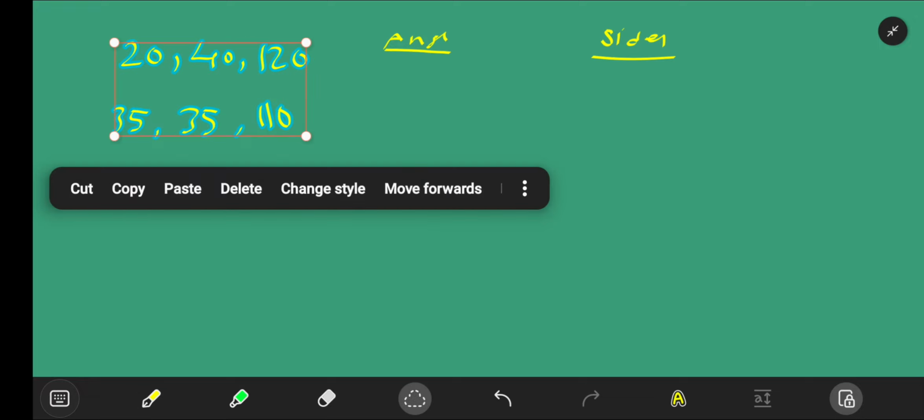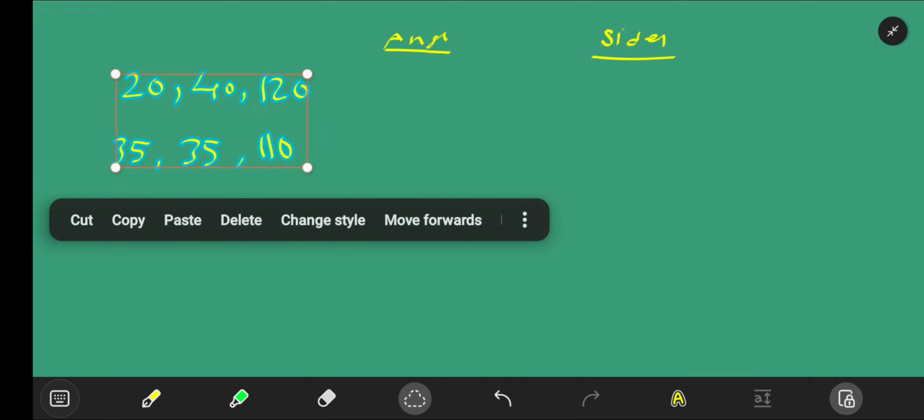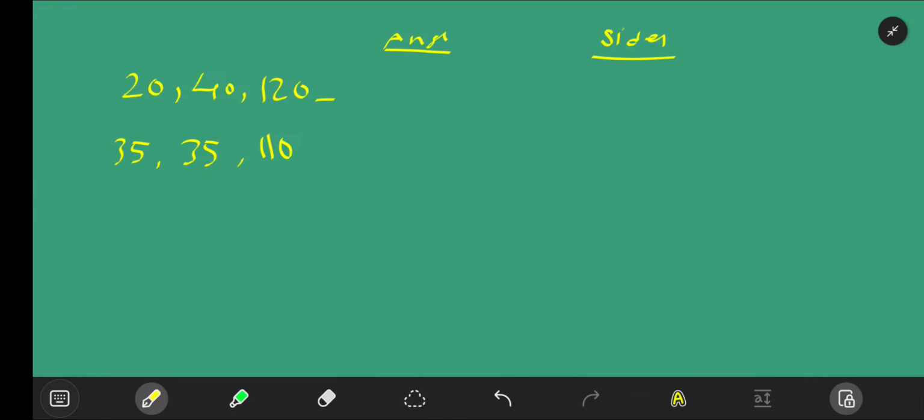Now, according to angles and sides. If you see, one angle is greater than 90 degrees here.